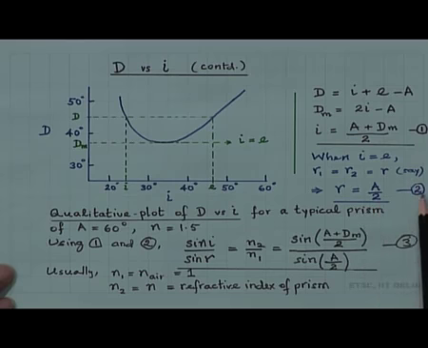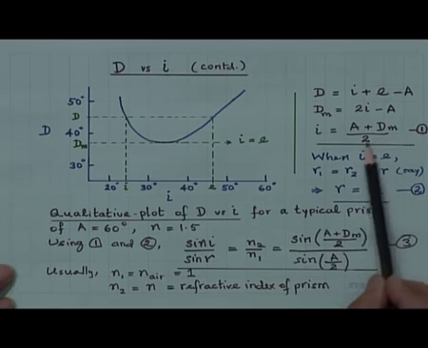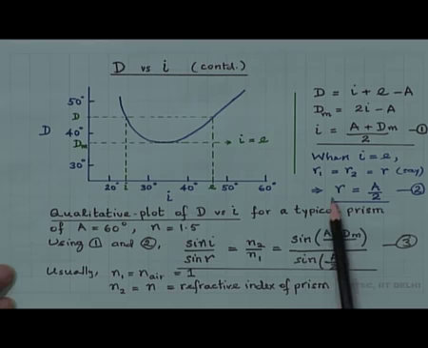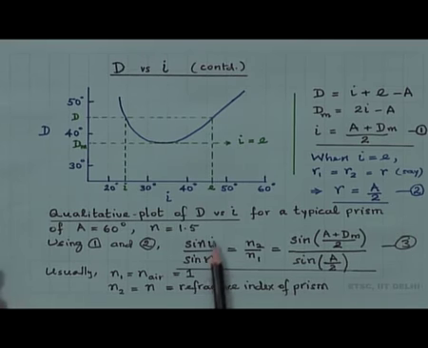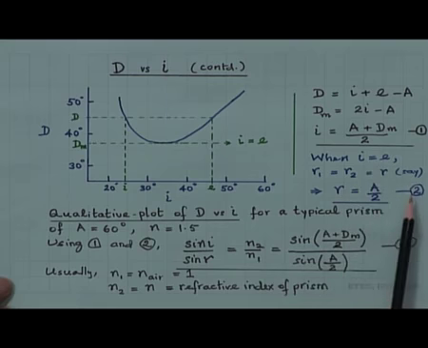So, we have two equations here, I equal to A plus dm by 2 and R equal to A by 2. Now, using these two equations 1 and 2, we apply Snell's law, sin I by sin R is equal to N2 by N1. Substituting for I and R from 1 and 2, we have sin of A plus dm by 2 divided by sin A by 2.